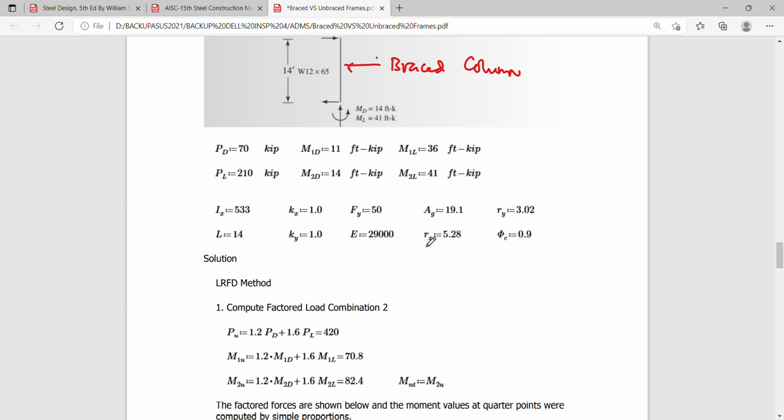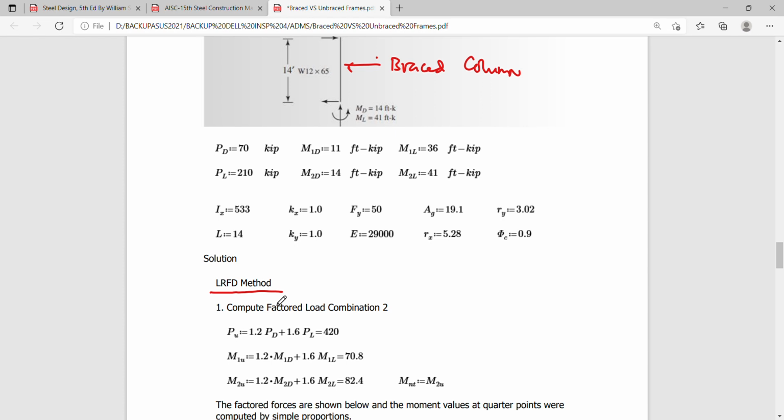Okay, so I'm focusing on the LRFD method, and we'll just try to make a comparison with ASD, and some variations on the procedure after we solve this problem.